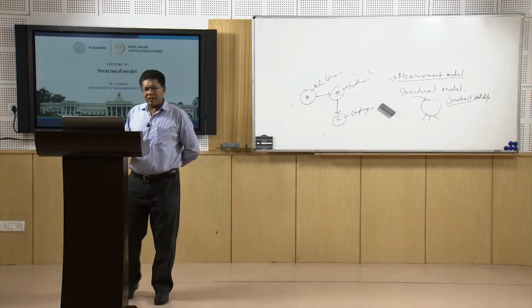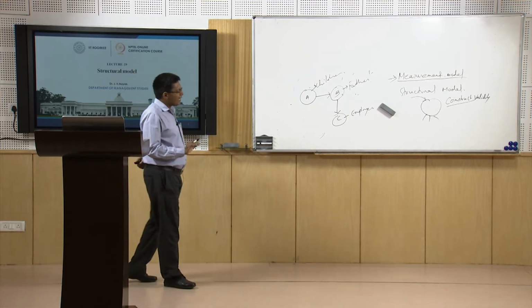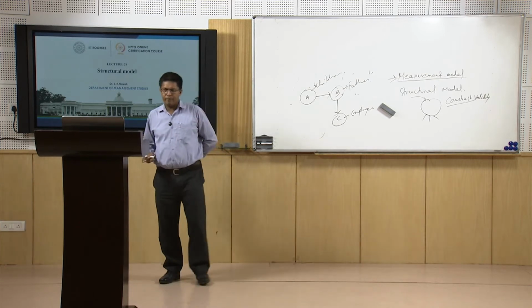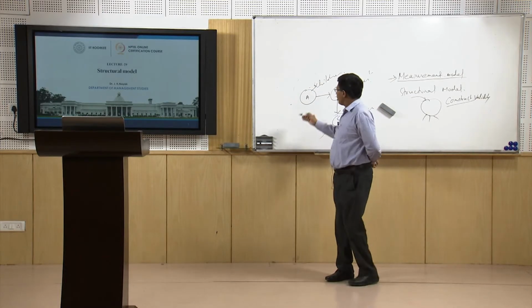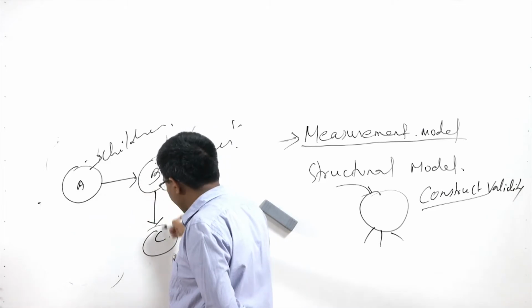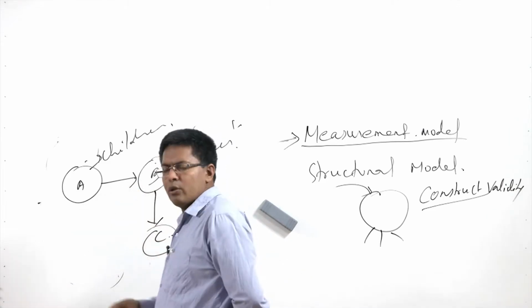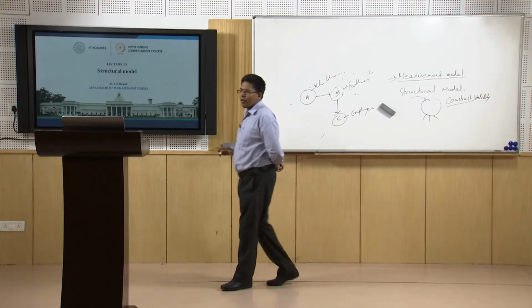The mechanism becomes exactly like a multiple regression only, okay. It can be expressed in terms of a structural model that represents the theory with a set of structural equations. It is a case like simultaneous equations, right. You are creating different equations, from here to here, here to here. These equations that you are building, you are now testing them.